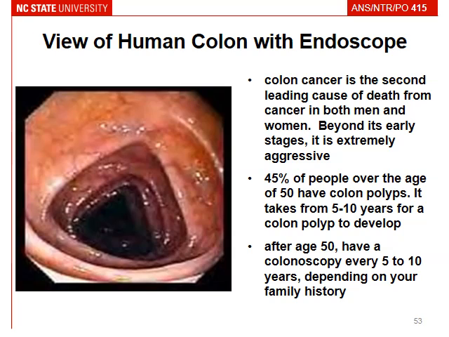This is our public service announcement. I want to remind everybody that colon cancer is the second leading cause of death in both men and women. And once it gets beyond its early stages, it's extremely aggressive. So it's very critical for people to go and get colonoscopies.